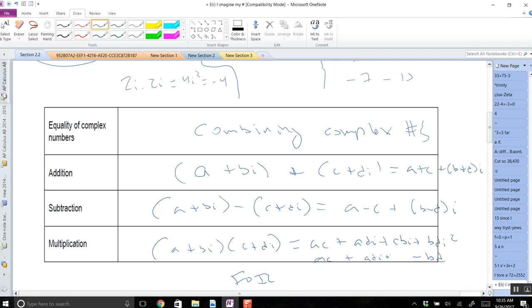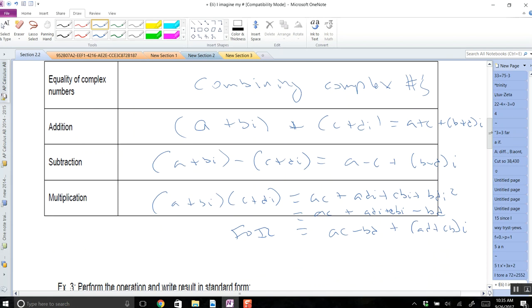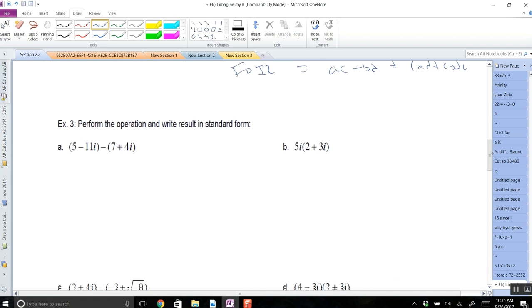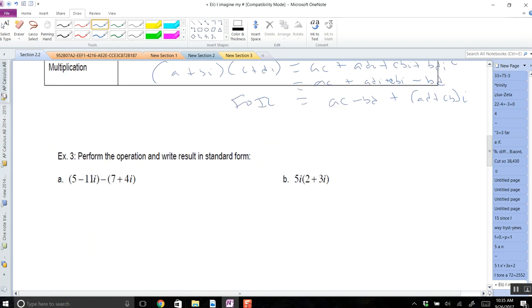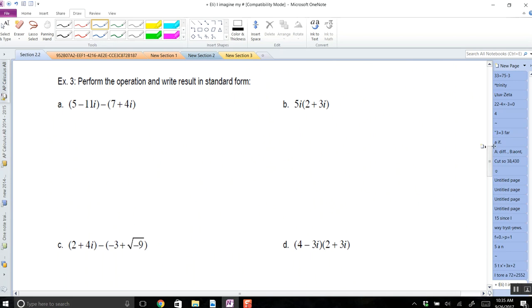So it's ac minus bd as your real part, and ad plus bc, i as your imaginary part. Now it is a bit abstract, so let's actually try doing this in action here.